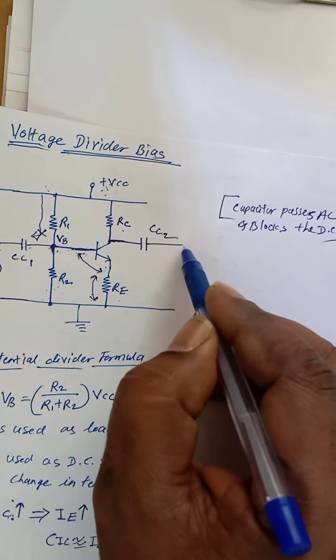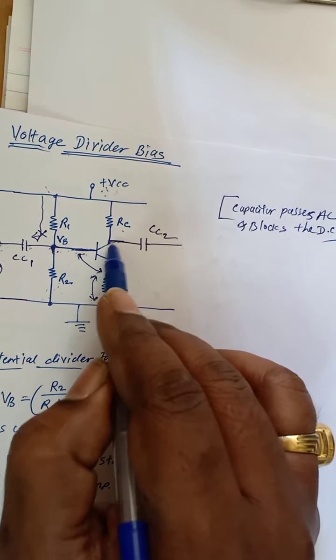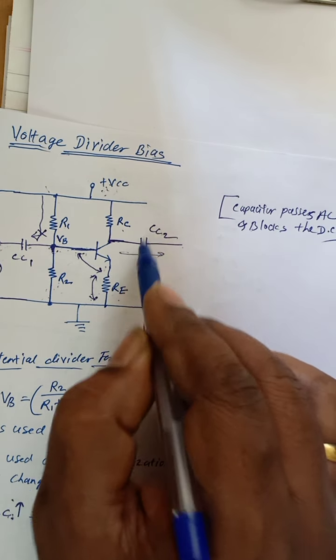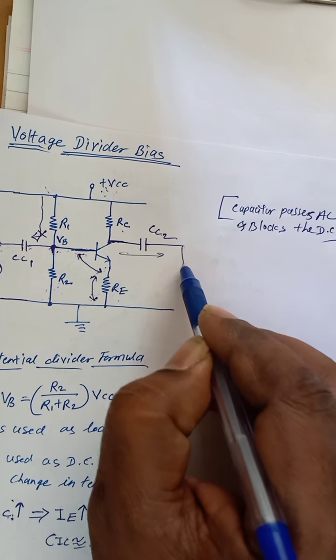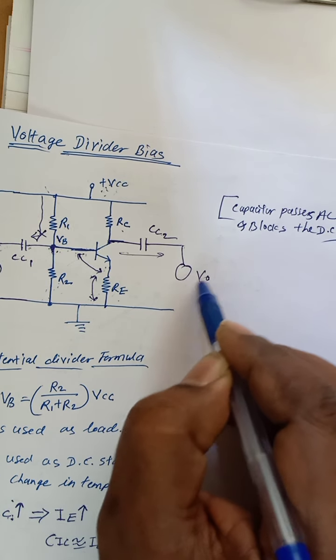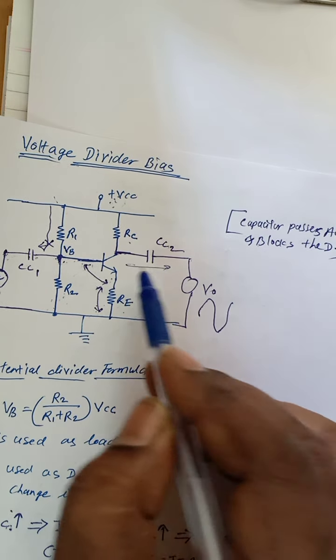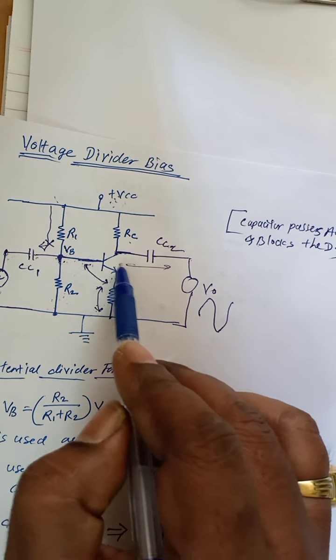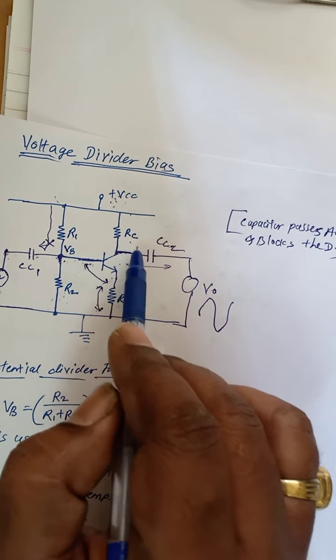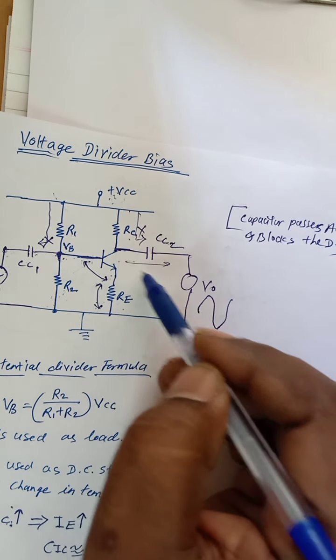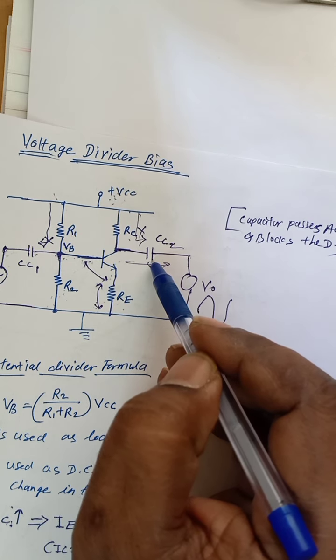Here also, whatever amplified voltage is at the collector passes through this coupling capacitor CC2, and we get the amplified output voltage here. This coupling capacitor passes the AC, and whatever DC current there is gets blocked by the capacitor CC2.